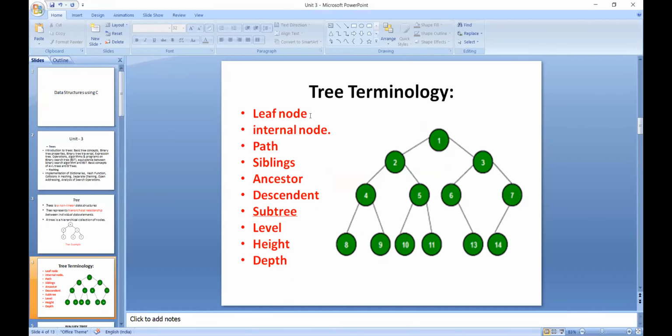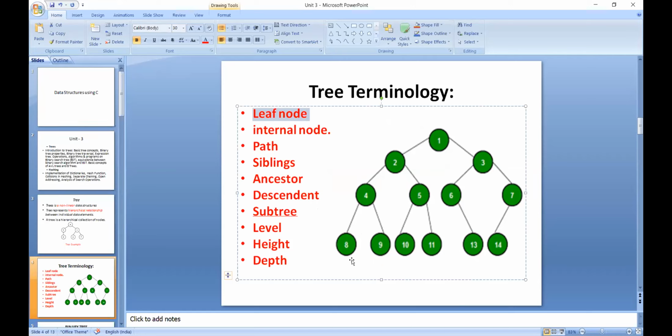So what is a leaf node here? 8, 9, 10, 11. It is at the bottom of the tree where it does not have any child. When you take 8, it does not have any child. It does not have any descendants. 8 does not have any node. Likewise 9, 10, 11, 13, 14.